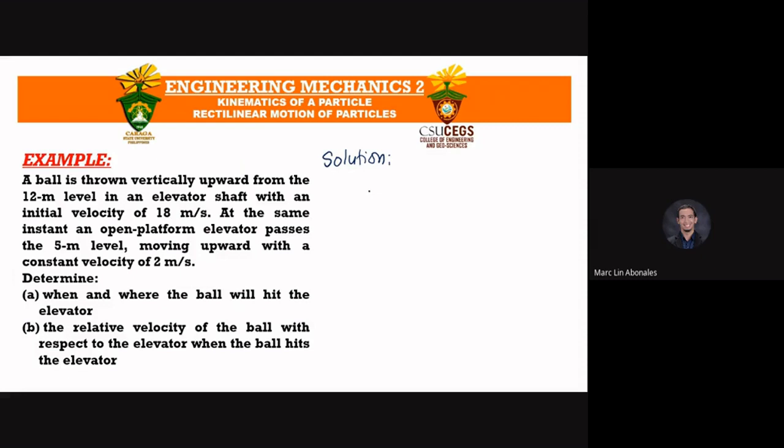So this problem is another example of a free falling body. So therefore, the acceleration is constant. So ang atong gamiton na value here is the value of gravity. So since this is SI unit, we will use 9.81 meters per second squared in our solution.